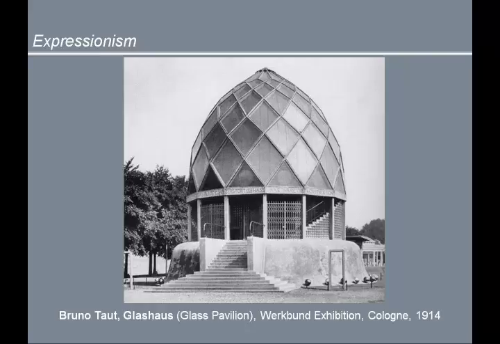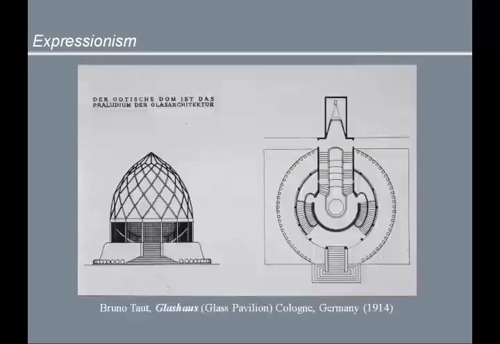But this is in fact what the attempt was to do, is to bring these two things together. The phrase above the door that you can see in the elevation drawing there, it says in German, quote, "The Gothic cathedral is the prelude to glass architecture," unquote. So Taut's building was meant to be an experience of light afforded by a combination of glass and skeletal metal structure that would rival or at least remind one of the wonders of the Gothic.